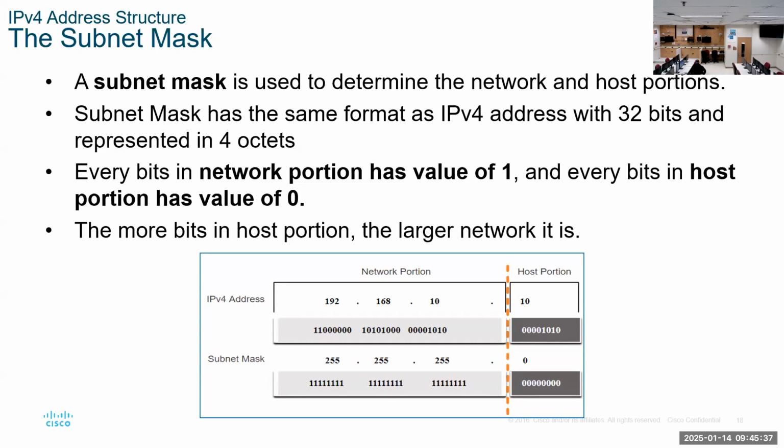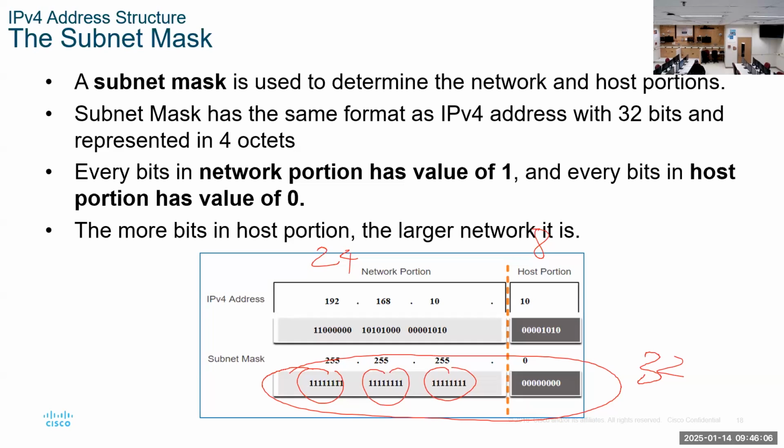You know, right? So see for this one, in total I have 32 bits. The format is the same. Break it down into 4 groups, each of them 8 bits. But you see, I have 8, 16, 24 here. So I look into this one, I know that I have 24 bits in the network portion. And I have 0s here, that means I have 8 bits in the host portion.